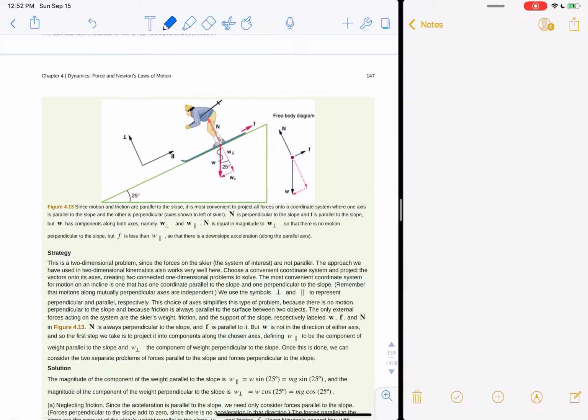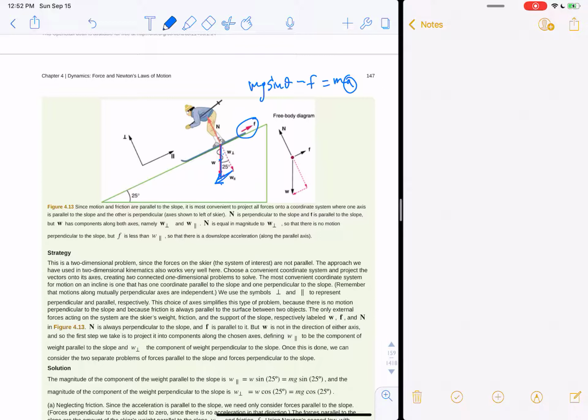Once you have your coordinate system like this, with the x along this direction, what you want is the component of the weight that's actually going to cause you to accelerate, and that's this component. If that's your angle, that's the opposite over hypotenuse, so what you want is mg sine theta. That's what's going to cause you to accelerate. In this case, we have a little bit of a friction force we have to subtract off, but that's going to equal ma. If you want to know your acceleration, this is how you solve it.